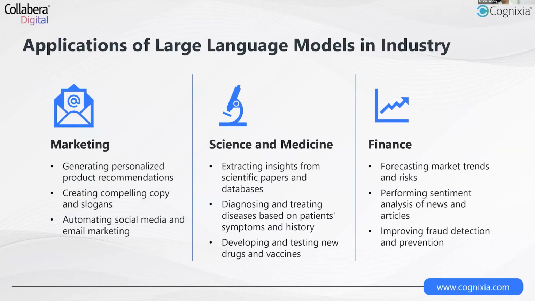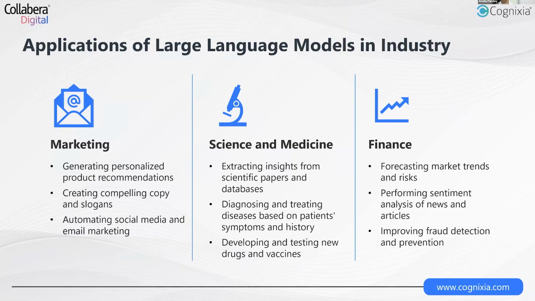Some of the popular applications of LLMs: LLMs are widely used today across different market segments. Marketing and sales are some of the leading segments where LLMs and generative AI are widely being adopted. Generating personalized product recommendations, creating compelling stories or slogans, and launching marketing campaigns are some of the key use cases in marketing.